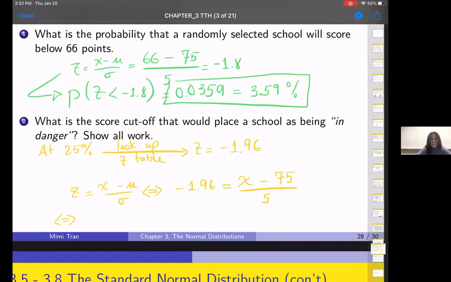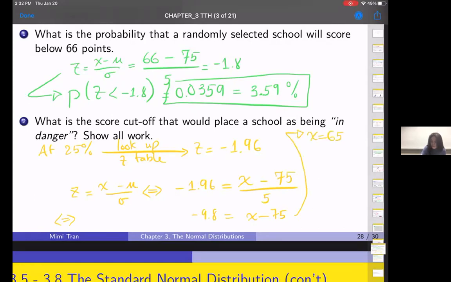So negative 1.96 times 5 is negative 9.8 equals X minus 75. I want to solve for X, so add 75 to both sides. Plus 75, 65. So X equals 65.